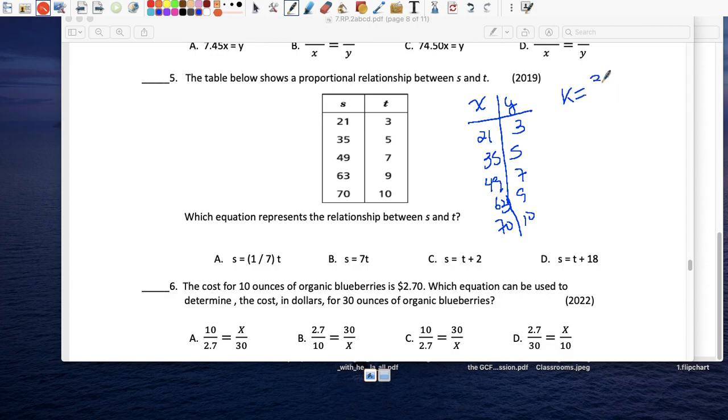So we do 3 over 21, or 5 over 35, or 7 over 49, right? The constant proportionality, how do we get from here to here? It's 1 over 7 times 1 over 7 times 1 over 7. And then during the state test, whoever made this question now, they're going this way.